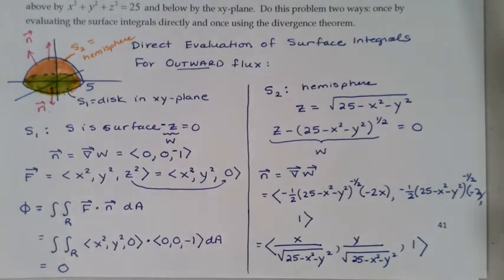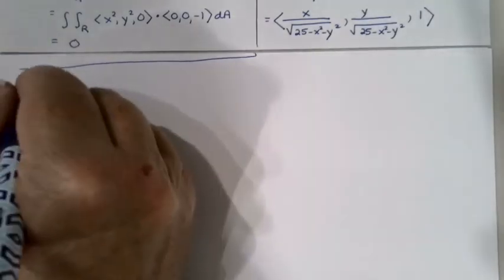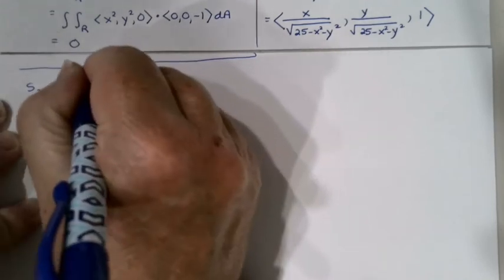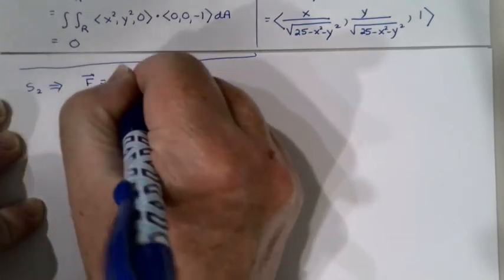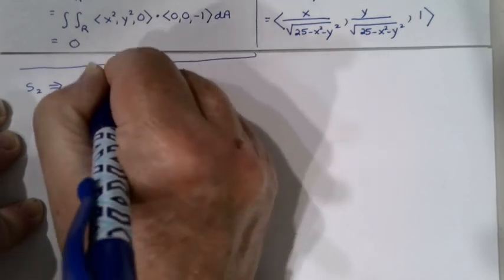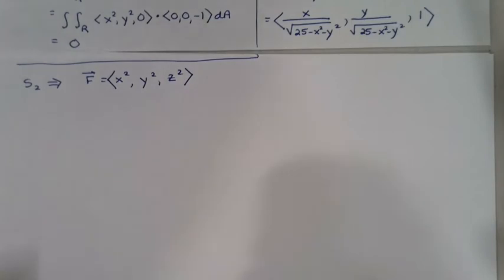So there's the n. And let me reset here. I'm still working on S2. F, remember, was x squared, y squared, z squared. But again, I'm only allowed to use 2 variables in a double integral.